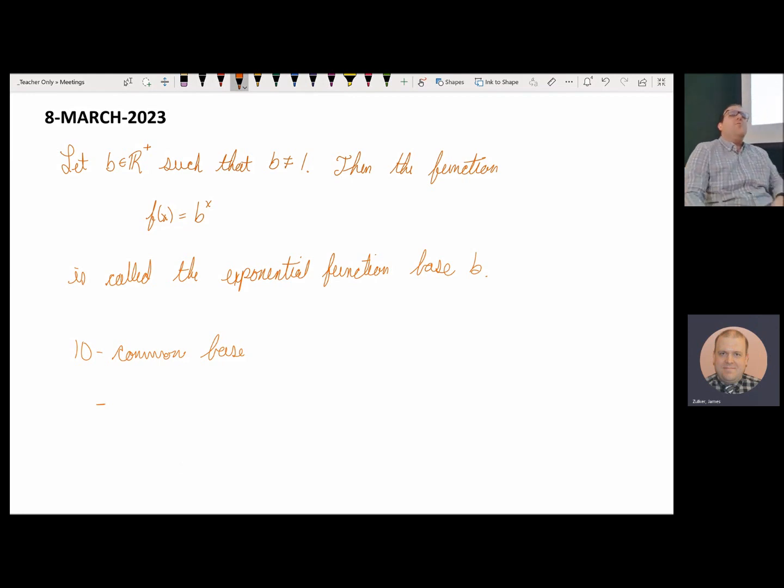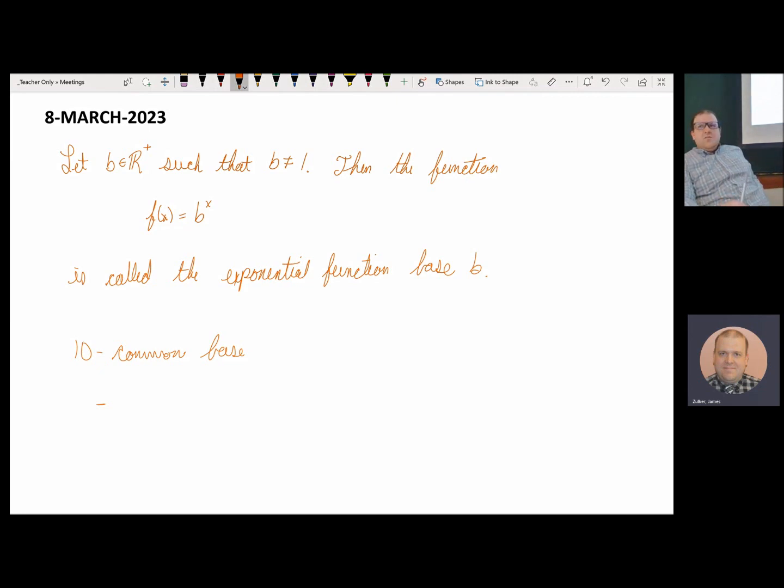Does anyone happen to know what the most used base in mathematics is? I'm going to guess 2 because of computers. Who is used in computers? Although I think computers now are up to what, 64-bit?